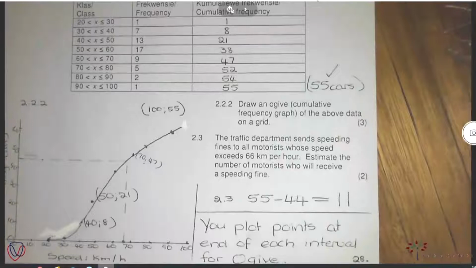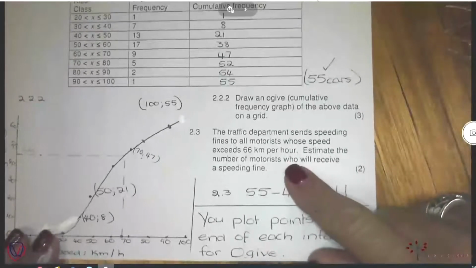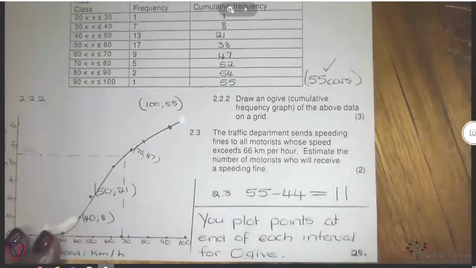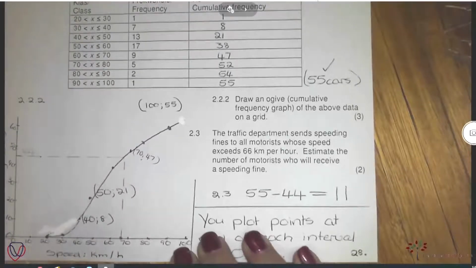Okay. They always give you a grid for that because it should be very accurate, because they will ask you questions from that graph. And that is the next question, 2.3. The traffic department sends speeding fines to all motorists whose speeds exceed 66 km per hour. Estimate the number of motorists who will receive a speeding fine. So what are we going to do?